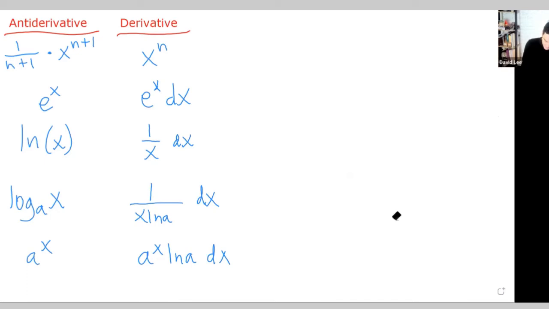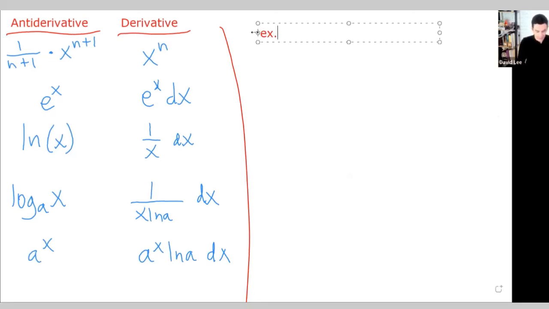Let's do some antiderivatives. Example: find f of x. You want to find f, the original function, because I'm going to give you the derivative. You have to give me the antiderivative.